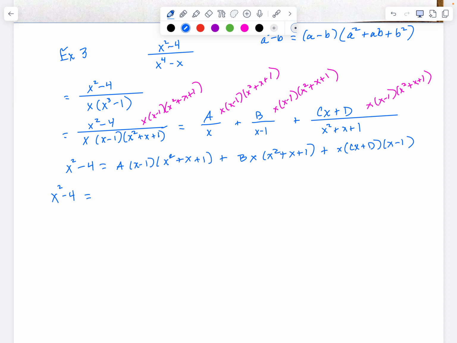And then we're ready to equate coefficients. And there is no x cubed over here. That means if I add a, b, and c, they must be 0 because it takes out that x cubed term. So a plus b plus c must equal 0 because there is no x cubed on the other side. However, with the b minus c plus d, there is a 1x squared, so they must add up to 1.